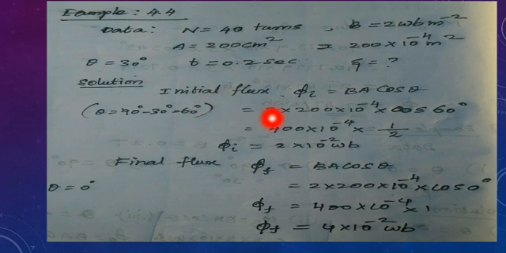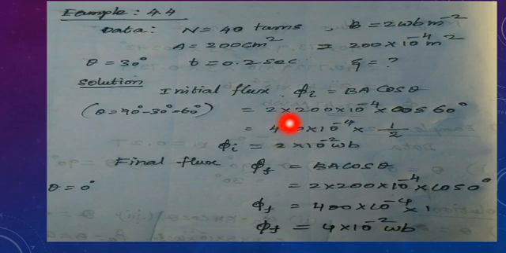Substituting the values: B is 2, A is 200 into 10 power minus 4, into cos 60 degree. Cos 60 is equal to 1 by 2.